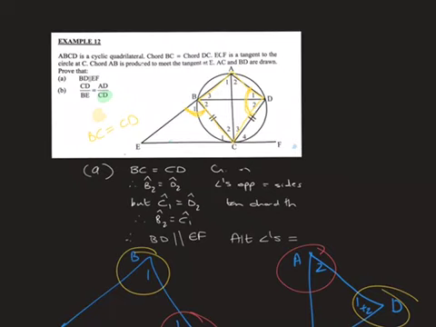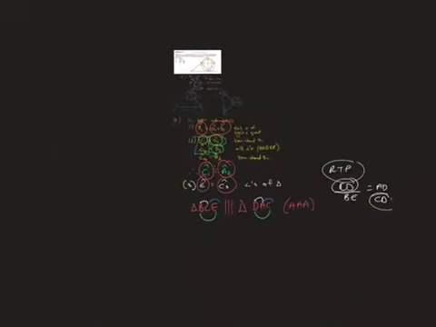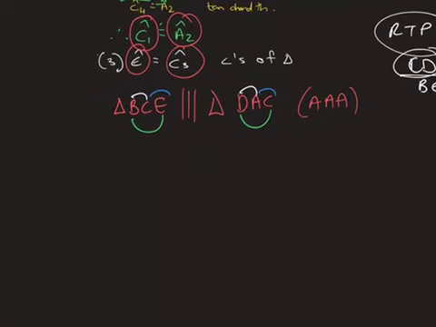Okay, BC equals CD. So I'm going to set it out like this. I need a CD, definitely. So I've got a green CD. And then across from it, I should have either another CD or a BC, because that's what it's equal to. So I've got a BC, yes.